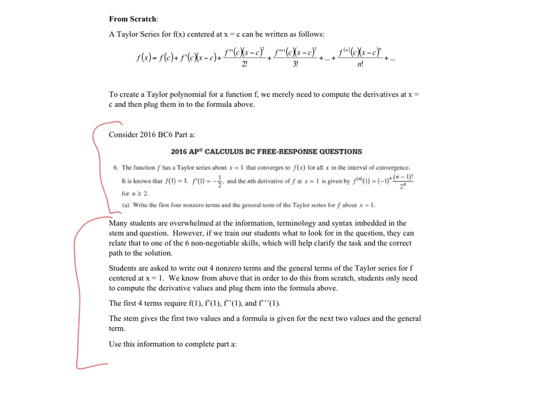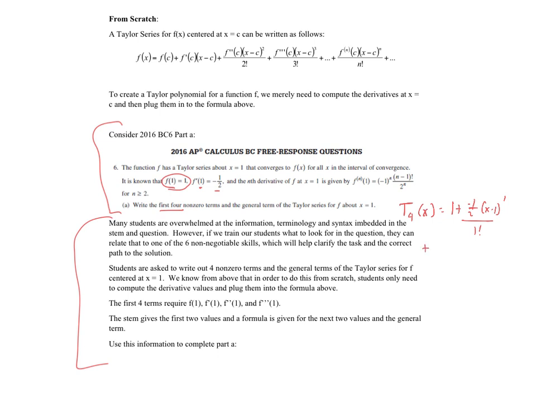So if I'm going to have my Taylor polynomial, a lot of people are going to go, so first 4, some people are going to go T sub 4 of x. So I know that my first term here is going to be a 1, right? Then I'm going to have my derivative at 1, which is going to be my 1/2. And then I'd have my x minus 1, because I'm centered at 1, to the first power over 1 factorial.